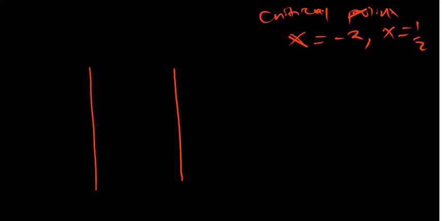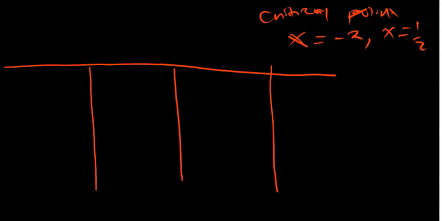Now this table, we know that we have to put the critical point. So the critical points which I've got are negative 2 here and 1 over 2. But we know that less than this, meaning X has to be less than what? X has to be less than negative 2. Then here X has to be greater than or equal to half.